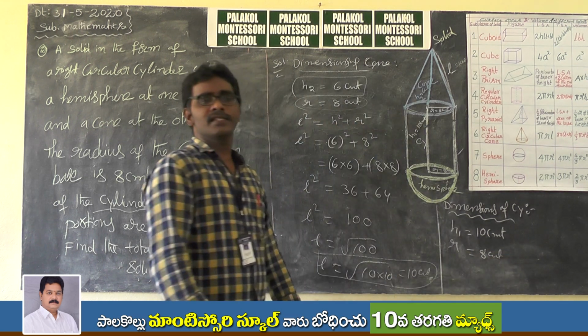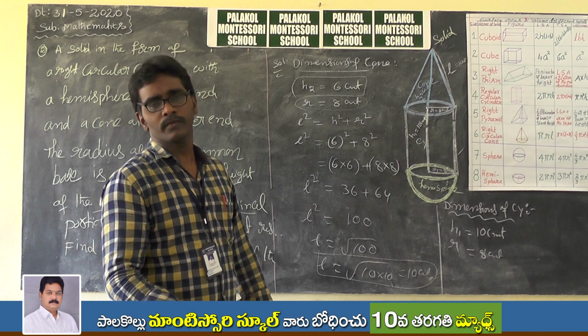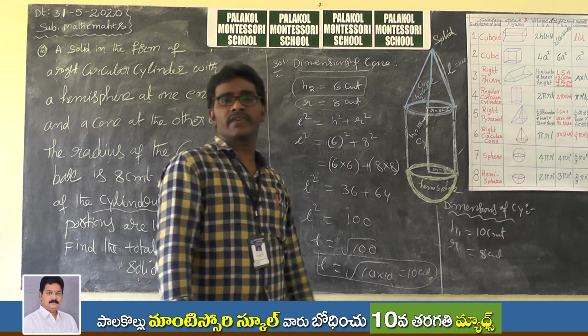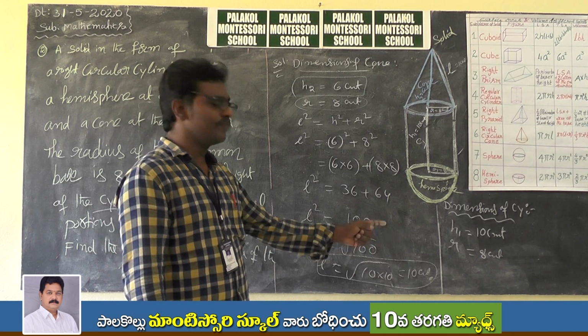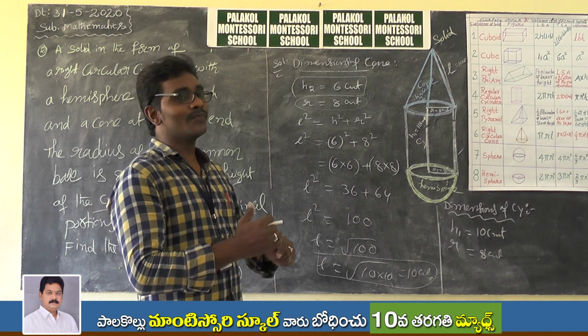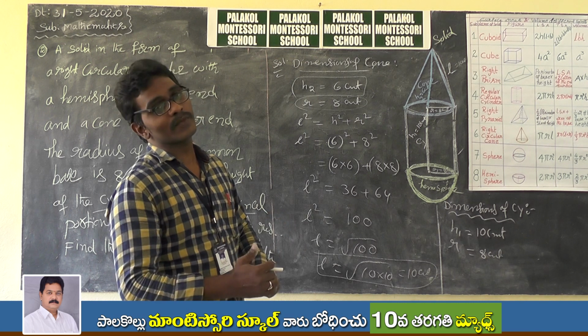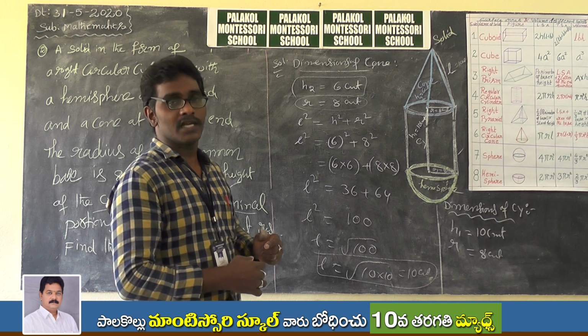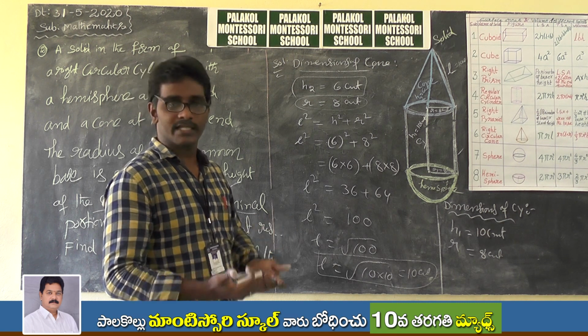Don't write the radius as different R1, R2, don't mention that. Why? Because it is the common radius of all the figures in the combination. That's why I simply write R. But the portions are different: the cone portion, cylinder portion, and hemisphere portion are different. That's why different letters are used, I mean H1, H2, H3.